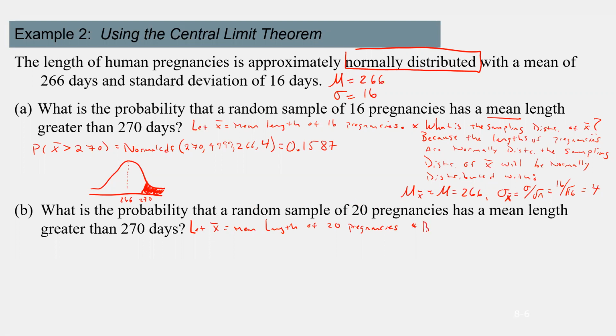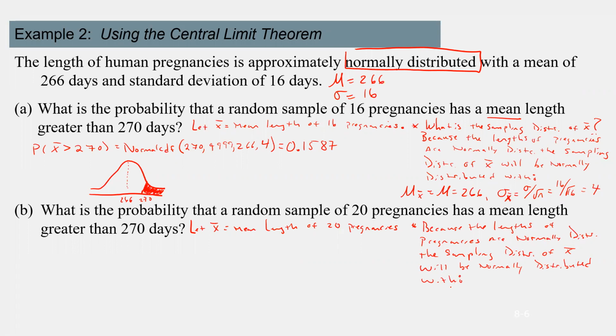And then it's just the same thing again, because the lengths of pregnancies are normally distributed, the sampling distribution of X bar will be normally distributed with, is this going to change?